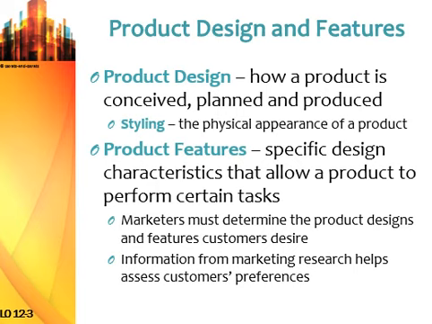So marketers must determine the product designs and features customers desire through market research. Information from marketing research helps assess customers' preferences. And then the new product development or research and development department develops the products that customers desire.